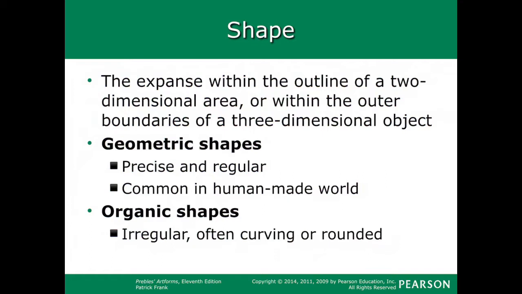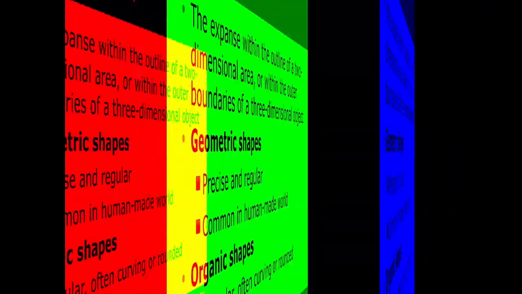Most of the shapes that you'll see in nature are more of these organic shapes. So they are irregular, they're often curving or rounded. Think of the shape of leaves. Think of the waves in the ocean. Think of the way the human body is formed. There aren't really too many rigid lines.